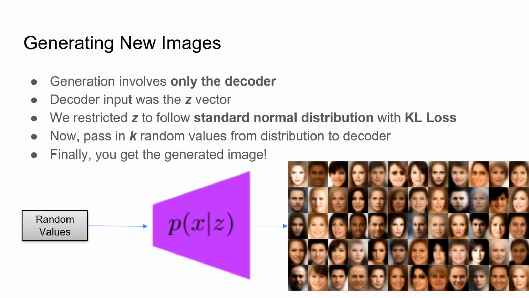In addition, because we restricted the latent space values to a standard normal distribution using the Kullback-Leibler divergence loss, we just have to sample k random values from that distribution, the normal distribution, to generate a new image. So every time we sample new random values, we will get a different image, as you can see from the flowchart in this slide.